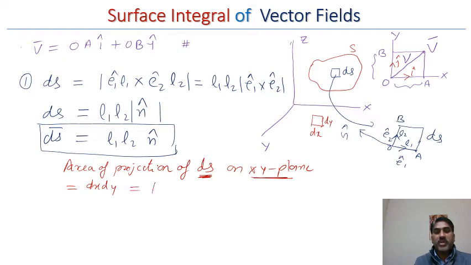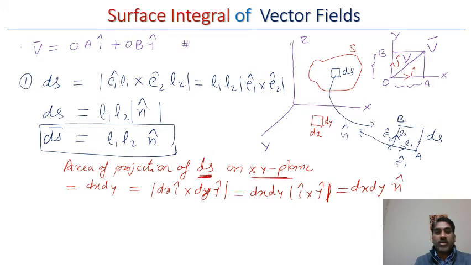So this will be the magnitude of dx i cross dy j, and you know that this is dx dy times i cross j, and i cross j is the k unit vector. So this is just dx dy k, and suppose we denote this area by ds xy, meaning projection on the xy plane.